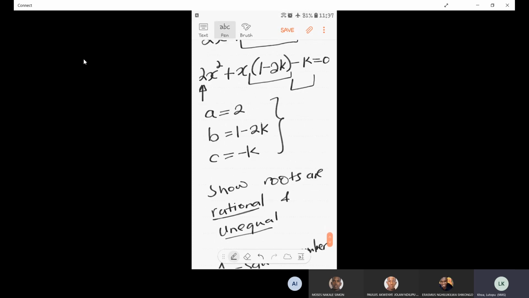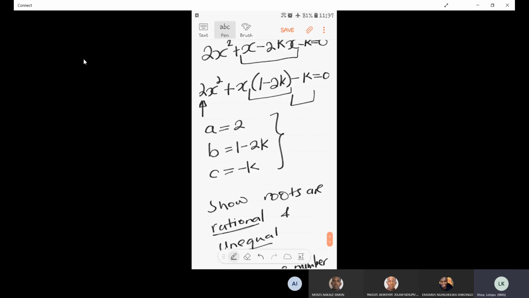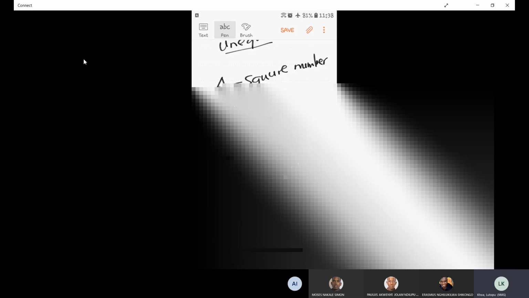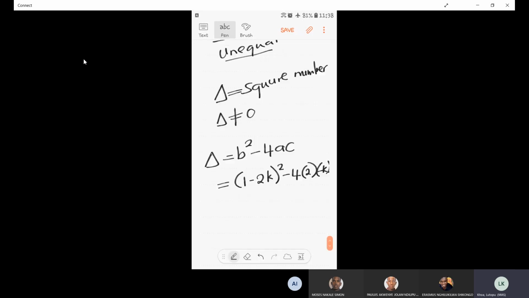What we do is we just substitute them into the formula for the discriminant. So we know that our discriminant is equal to b squared minus 4ac. Now b squared, this is (1 minus 2k) squared minus 4, a is 2, and then c is minus k. Okay, close the bracket there.